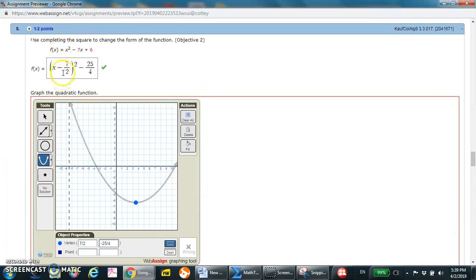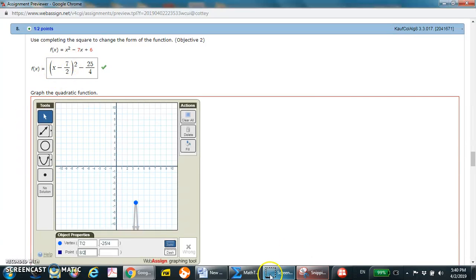So here you have to think about the numbers you are using. Let's say I choose x to be 8 over 2.